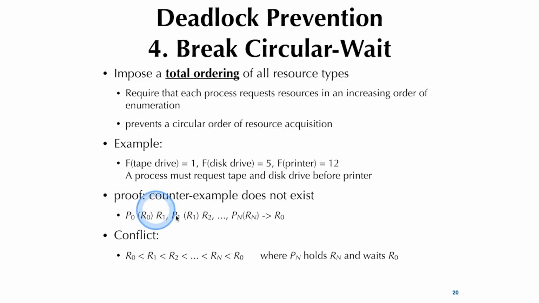So the counterexample doesn't exist. So process requests R0, then R1, and so forth. You can have a chain, but that chain never closes the loop because it never goes back to a lower-numbered resource. Okay? If everybody makes their requests this way.